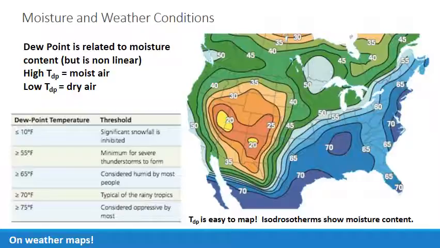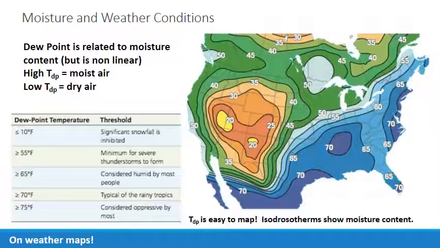When the dew point exceeds 65 degrees Fahrenheit, or about 18 C, most people would consider that to be really humid air. With a dew point of 75, the humidity is oppressive.